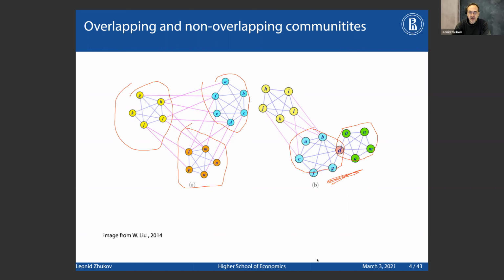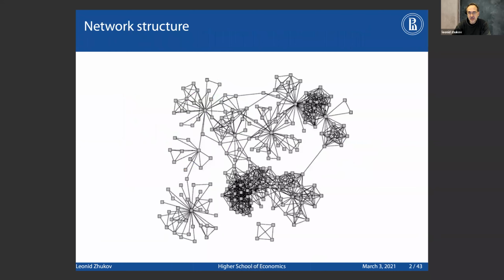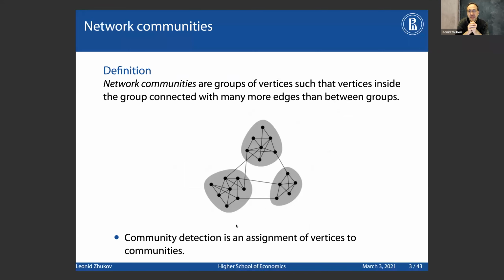And if I go back for a sec to the slide we started with, that's precisely the situation. There is this node which lies on the overlap of two communities. So community detection is the assignment of vertices to communities, but it's also possible to have overlapping communities, and then a node can be assigned to two communities.